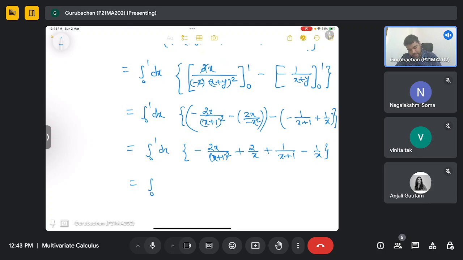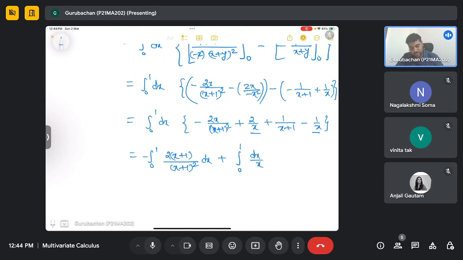So we can write it as 2 times (x plus 1) over (x plus 1) whole square. I'm separating also, plus this 2x minus 1 by x will be 0 to 1 dx by x. And the other factor is, since we have added plus 2, there will be minus 2.